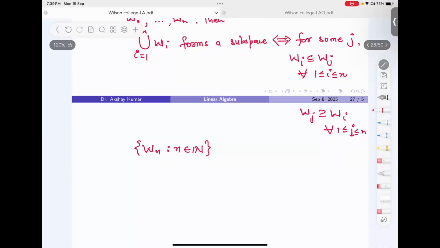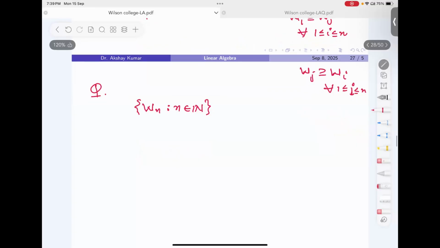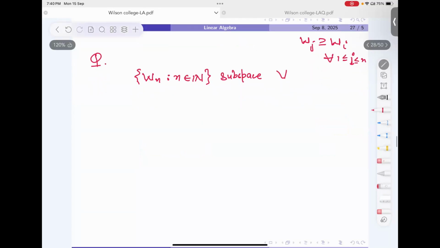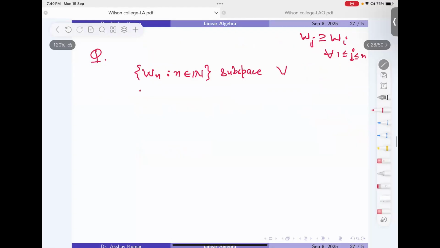So the question is, suppose you have infinitely many subspaces of a vector space V, right? When can you say that the union of the Wn forms a subspace?